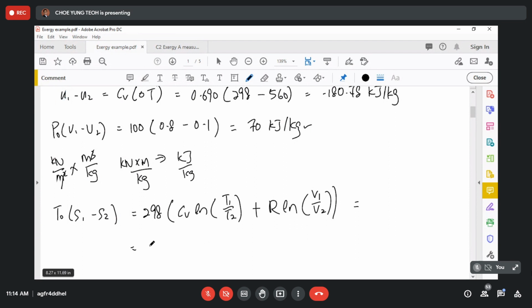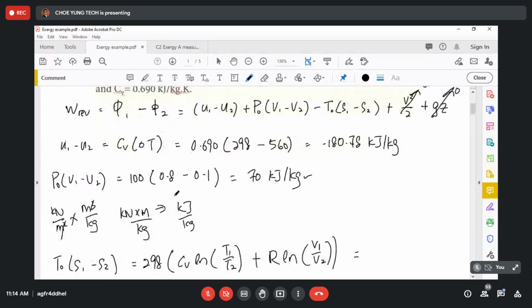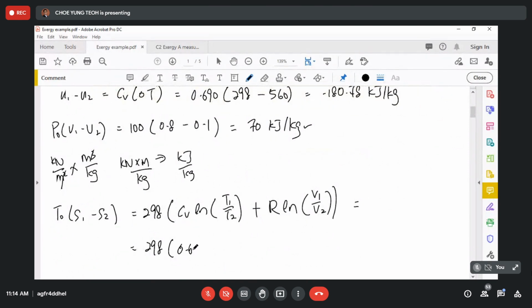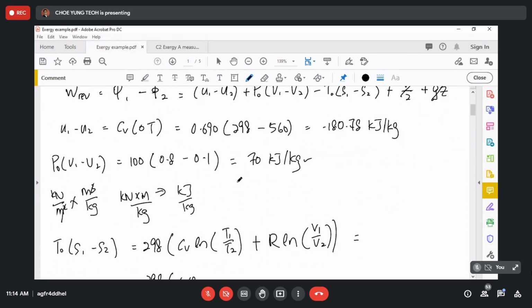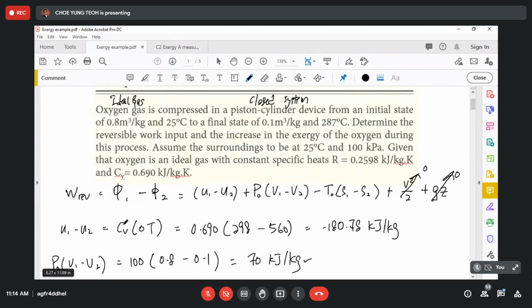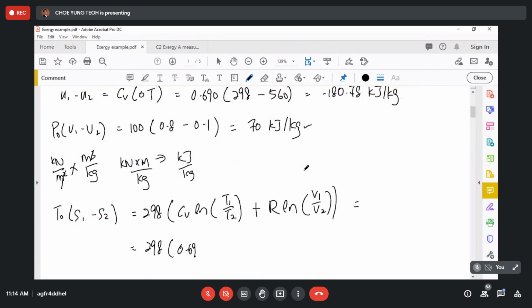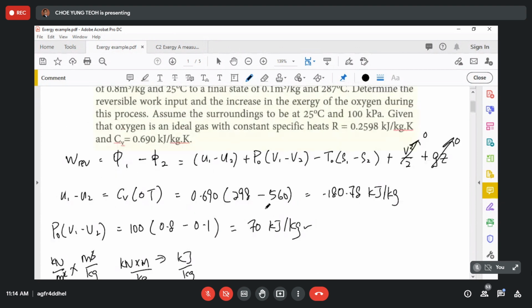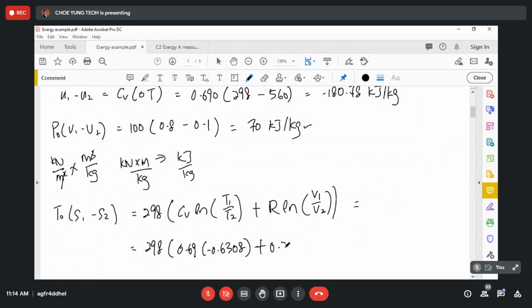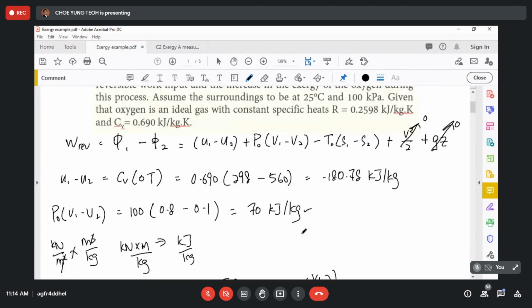Okay, you calculate that. CV is 0.69 ln T1 over T2. T1 is 25, T2 is 278. Remember to convert to Kelvin. So I get negative 0.6308. And then R 0.2598 ln V1 over V2.